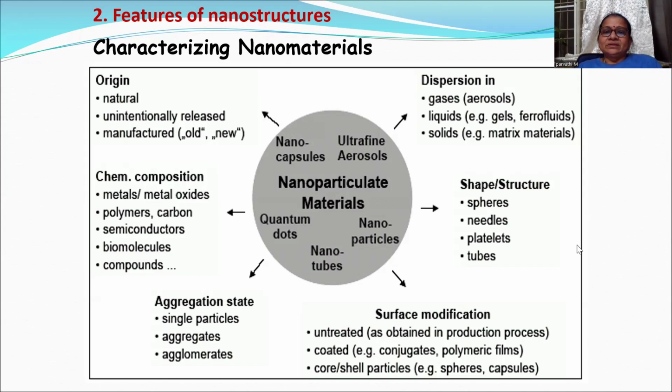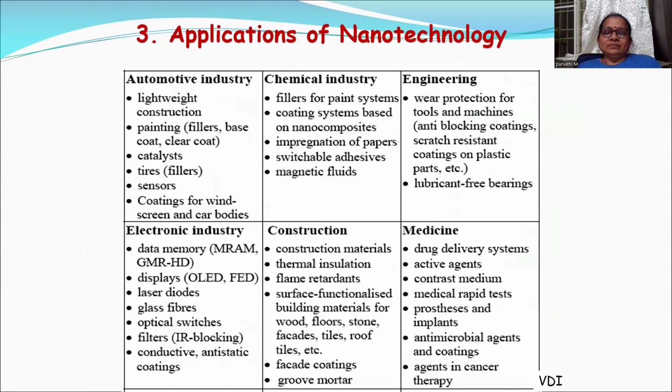Based on these properties and characterization, applications are built with different shapes. So when it comes to applications of nanotechnology, this is very important. Where can we use nanotechnology, what are the applications? There are a lot of applications, like the automotive industry, chemical industry, engineering, medicine, construction, and electronic industry.